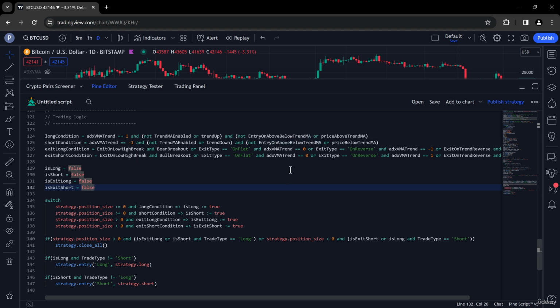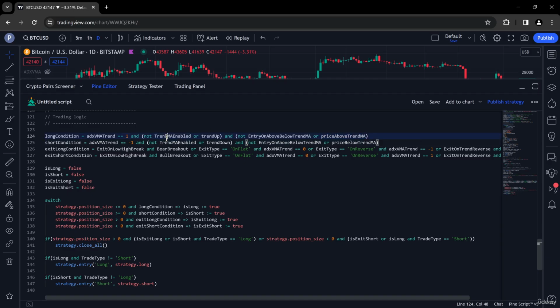When entry on above below trend MA is true, then price above trend MA will be evaluated in this entire expression.